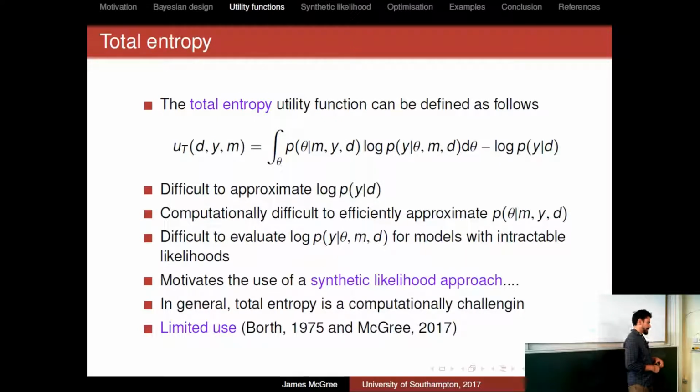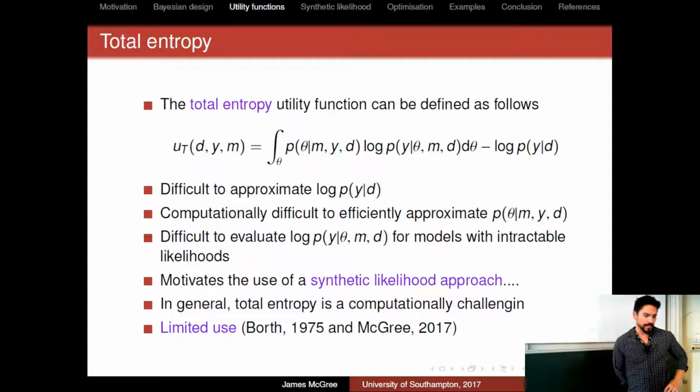So if you work through some maths, then you find an expression for total entropy as shown here. And so let's not forget that this is our U(d,y,m), which means we need to evaluate this capital B times capital K times. So let's keep that in mind.